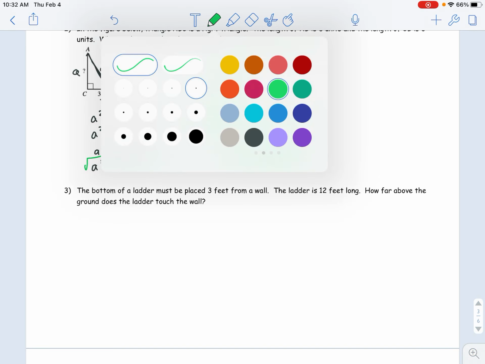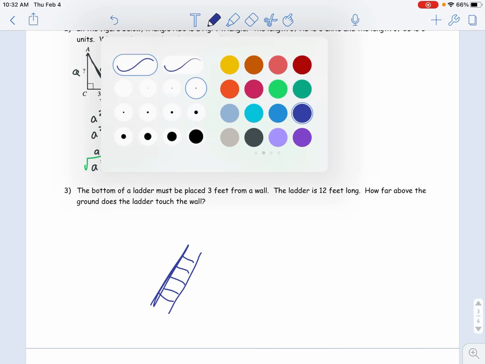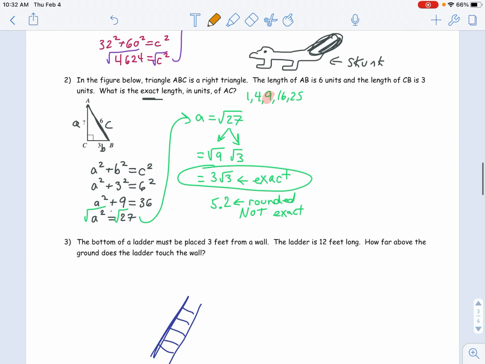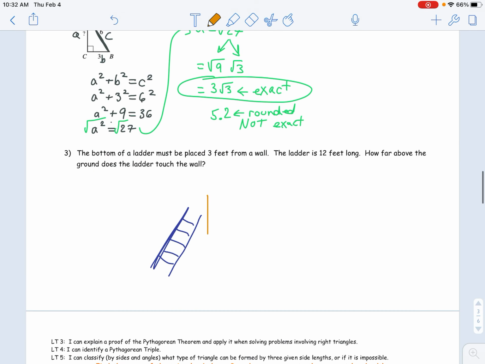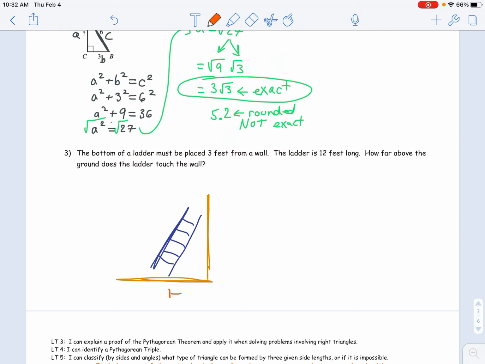So we got our cool blue ladder right here. Here's a ladder. It's touching a yellow wall. So drawing a picture, access your inner artist. It must be 3 feet from the bottom of the wall. The ladder itself is 12 feet long.